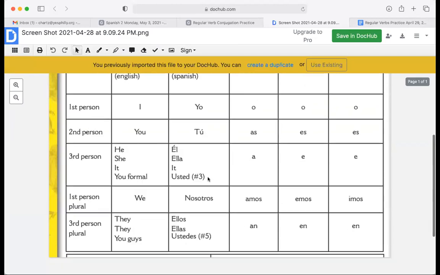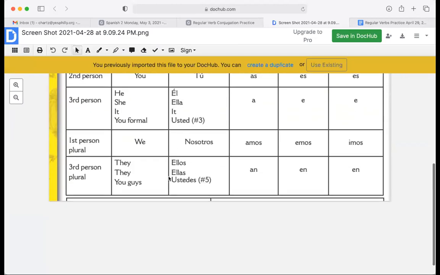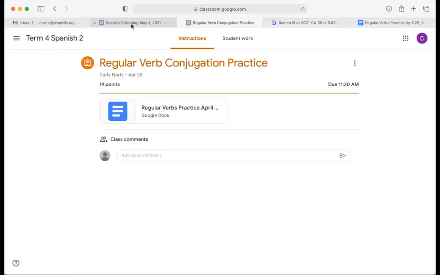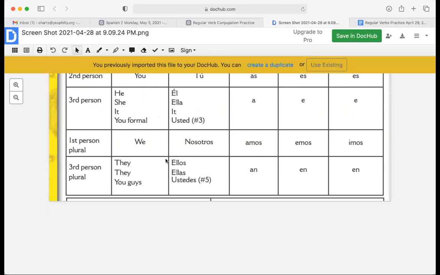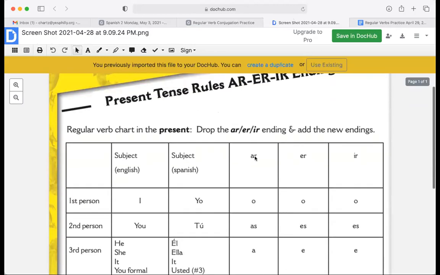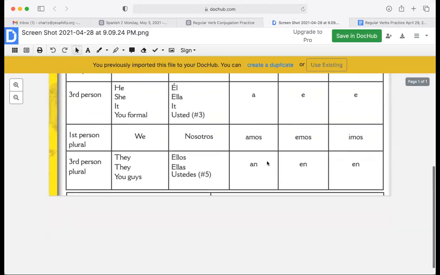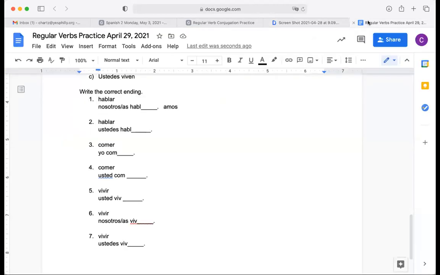We're going to go down, down, down until we see ustedes, because that's what we're looking for. And remember, it's an AR verb. So it's going to be AN, right? So it's going to be ustedes hablan. I'm just putting them out here. But ustedes hablan, right? That's correct.